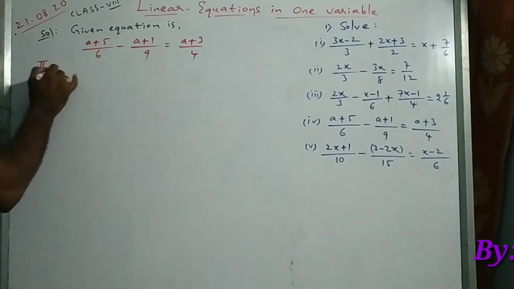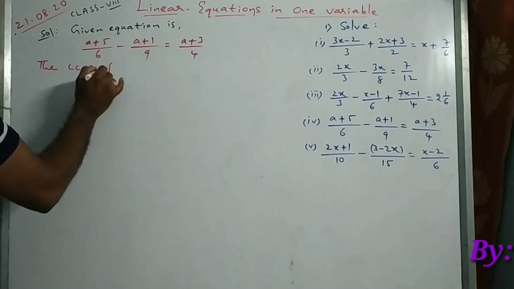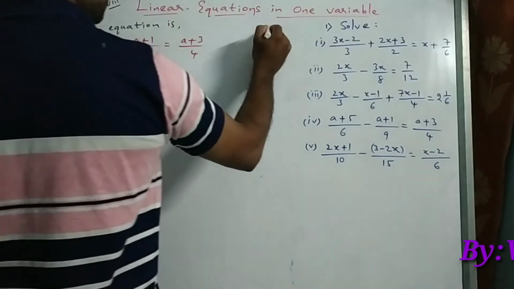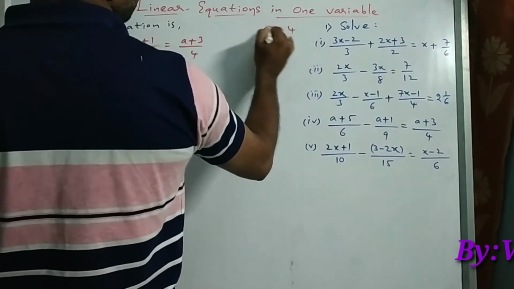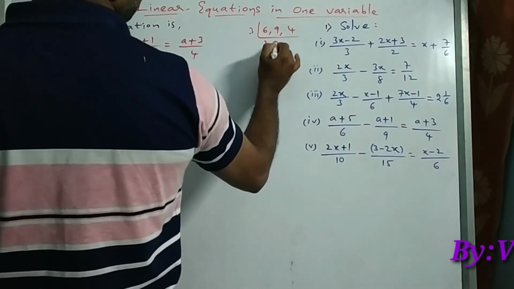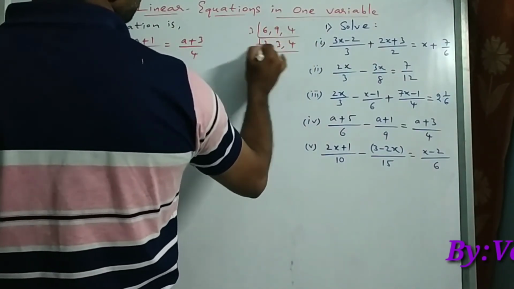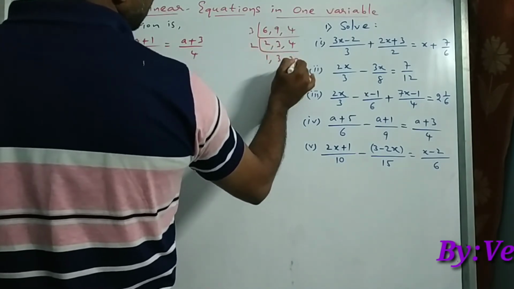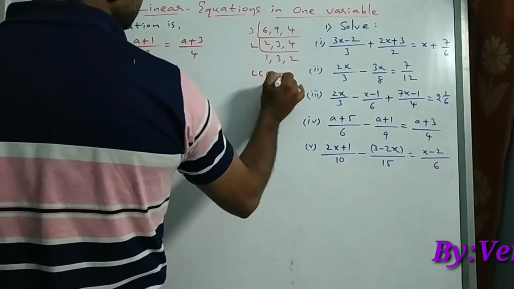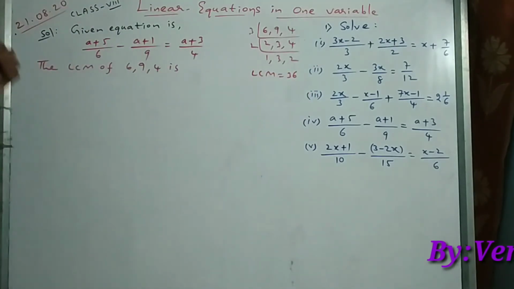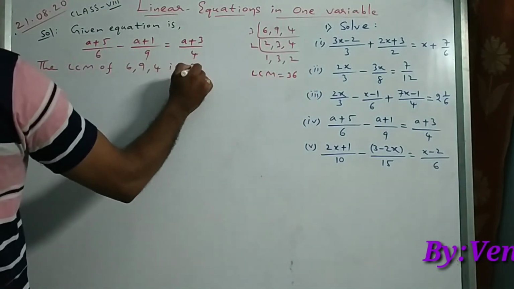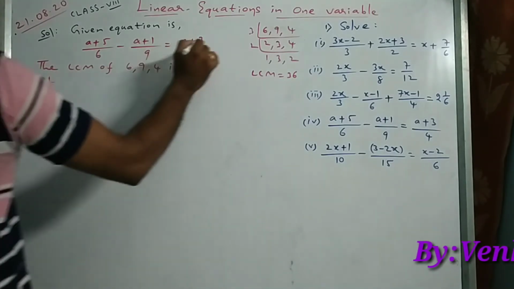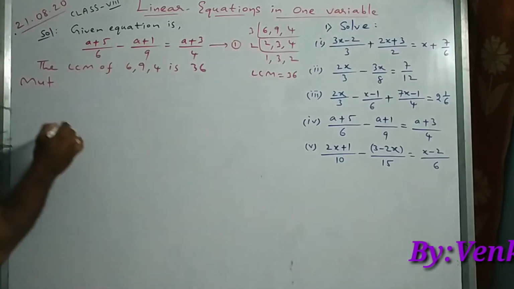The LCM of 6 comma 9 comma 4 is, let us see, 6 9 4, 3 2s are 6, 3 3s are 9, 4, 2 1s are 2, 2 2s are 4, so 3 2s are 6, 6 2s are 12, 12 3s are 36. Okay, that is 36.